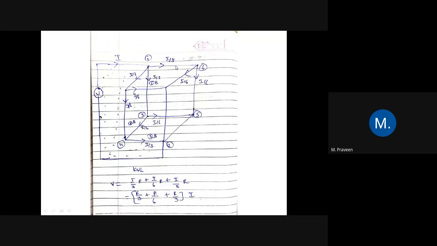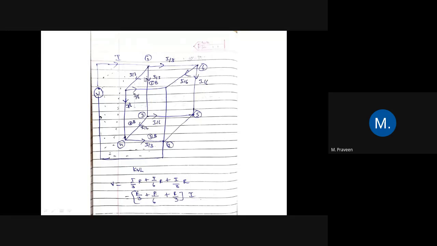Now this I by 3 is again divided into two branches, so the current in each is half of I by 3, which is I by 6. At this junction there are two branches, so the current through each is I by 6 and I by 6.